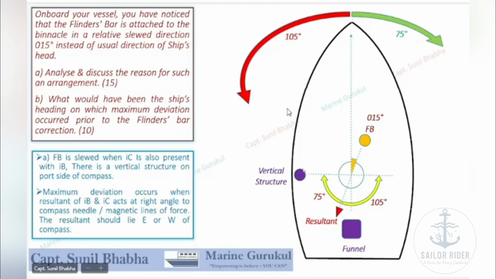Okay, all right. So basically you are saying that if this vertical structure is not exactly on the port beam, it is somewhere in between, let us say on the port bow, then its effect will change. Yes, that is possible. This vertical structure can be anywhere, beta, and its effect will also change. That's also true.